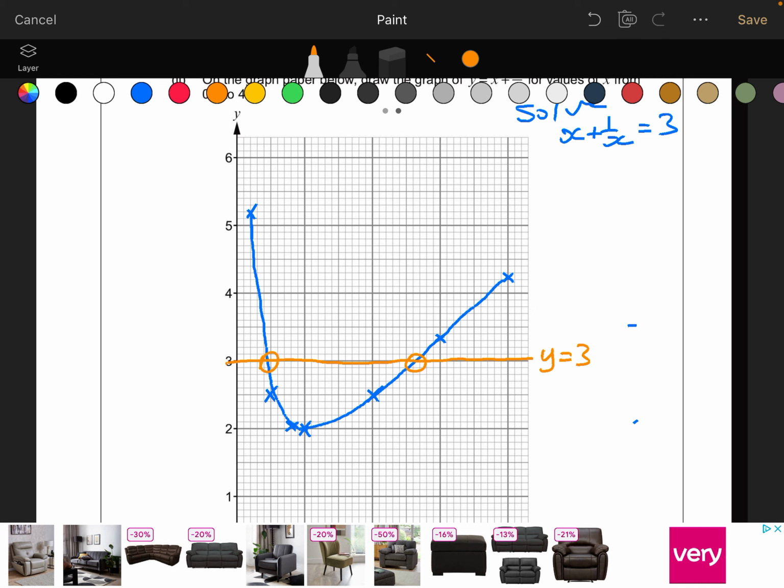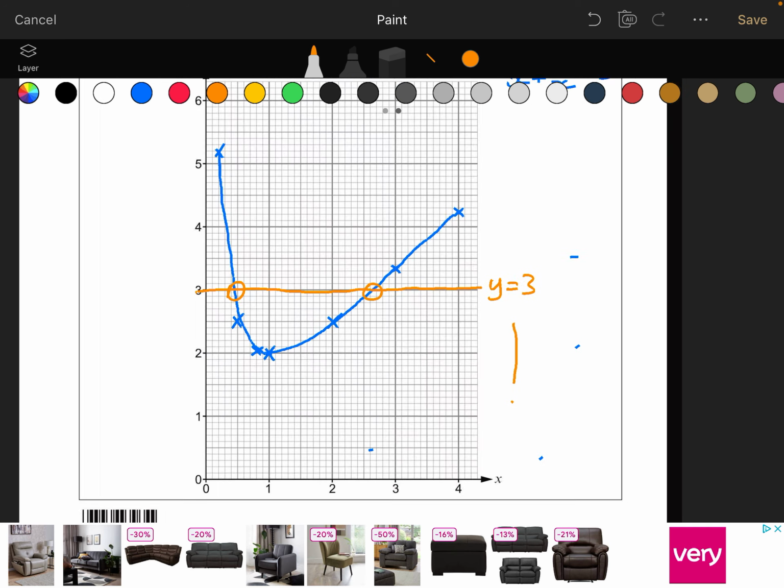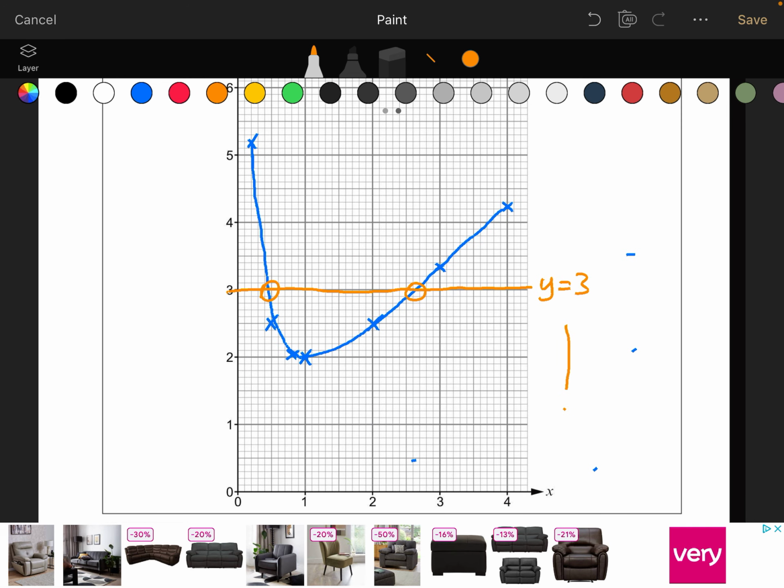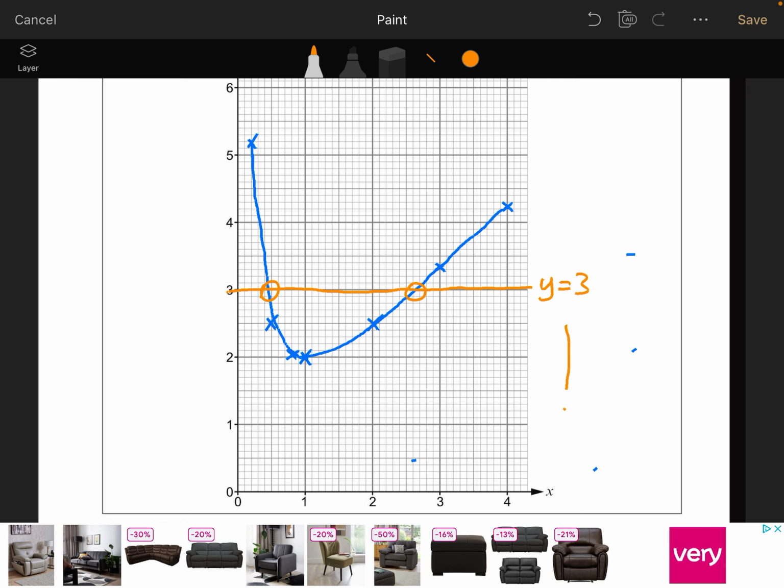I want to work out what my values are when I read that down. If your graph's slightly different than mine, you're going to get a slightly different answer. So the x value here, it's not quite at 0.5.